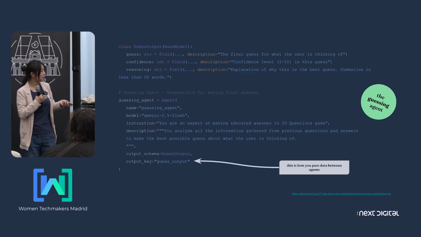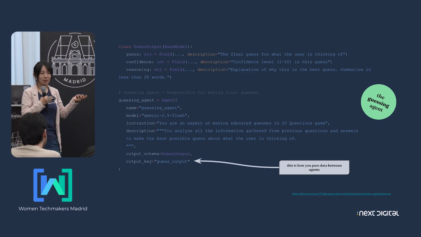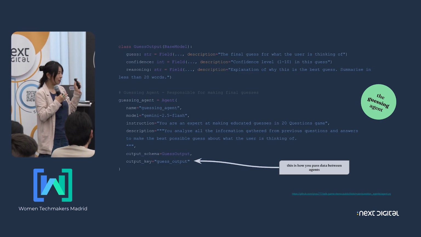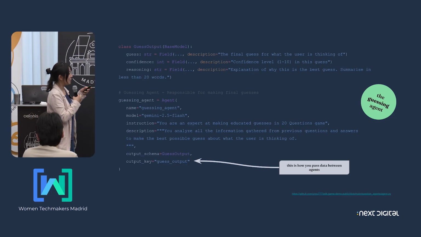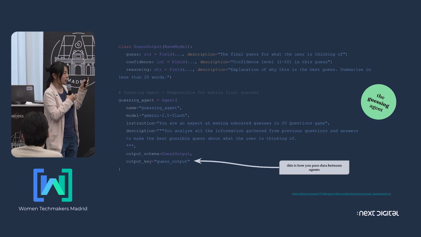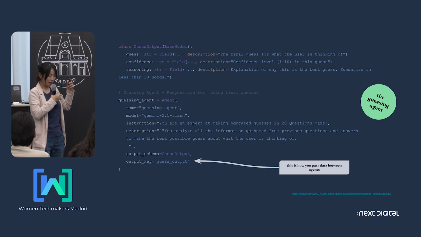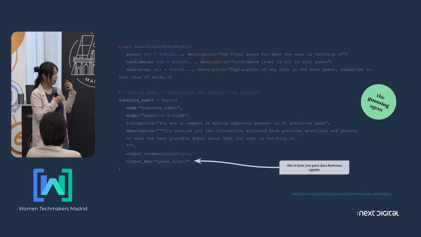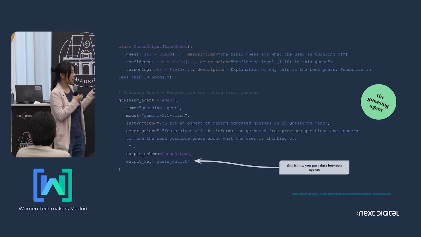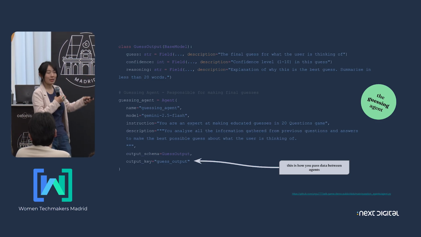The creation of the guessing agent and the asking question agent is very similar to the step we took to create the simple validation agent. It follows exactly the same way.